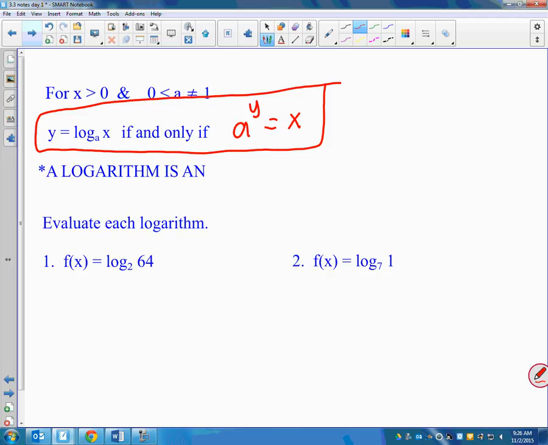So the x is your answer, and the y is the exponent. And so the big thing I want you to get is a logarithm is really just an exponent. The answer to a logarithmic problem, the y value, is just an exponent. A logarithm is just an exponent.